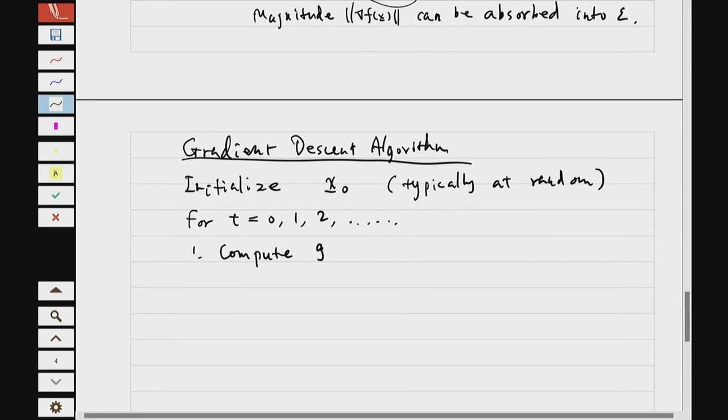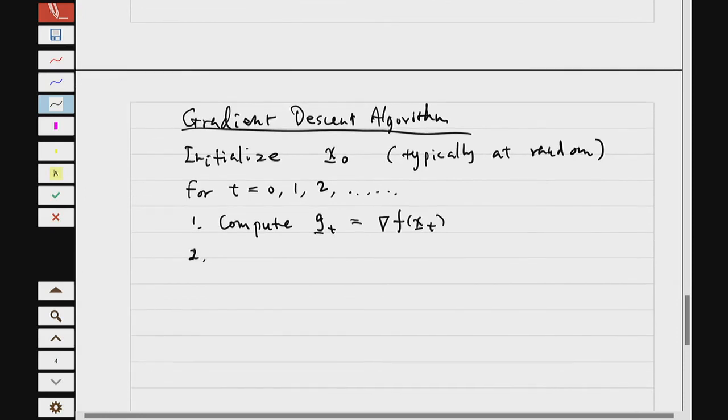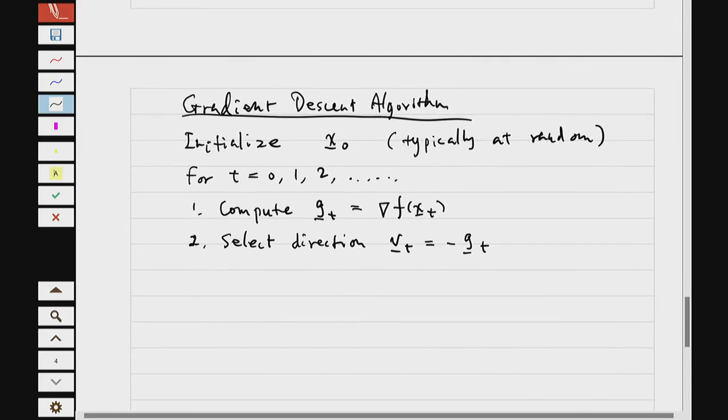Let's call it g of t, the gradient of f of x at time t. Now, this way of writing is a bit redundant, okay, but we do this for a reason, because later when we have more complicated versions of gradient descent, we'll have to break down these steps. That's why we write down all of the details. We're going to select a direction, v t, that is the negative of g t, negative direction.